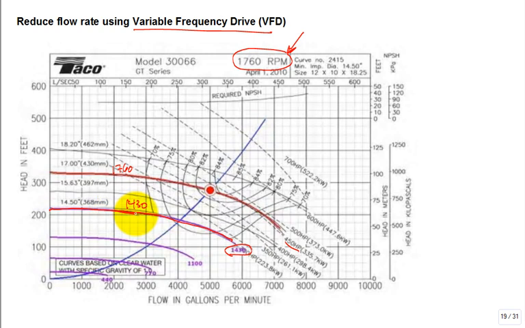It'll have this new purple curve. Well, that's the way to drop the flow rate from 5,000. It'll drop it down to nearly 4,000 just by slowing down the electric motor that drives the pump. If you toggle it down some more to 1100 RPM, the flow rate will naturally come down to almost 3,000 GPM.